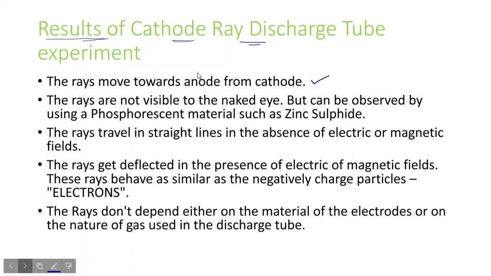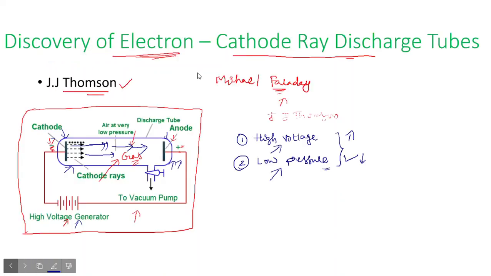He placed a phosphorescent material, such as zinc sulfide, behind the anode. This is the anode, and here he placed some phosphorescent material such as zinc sulfide.